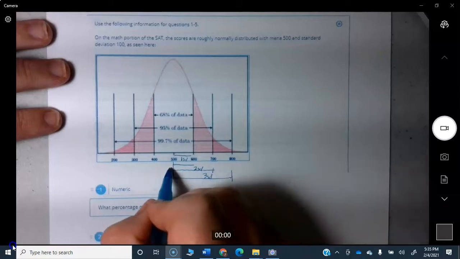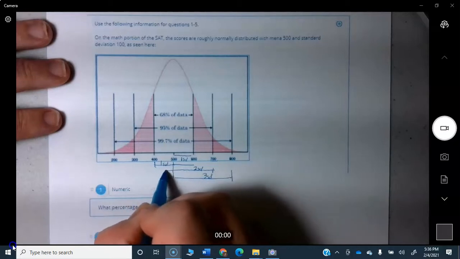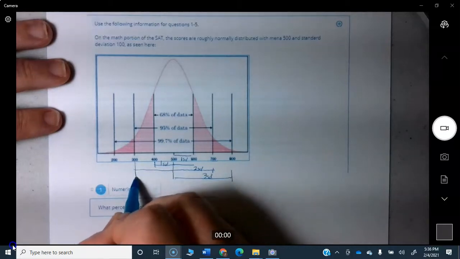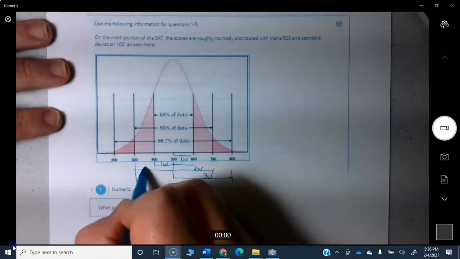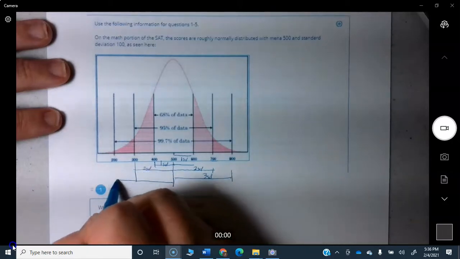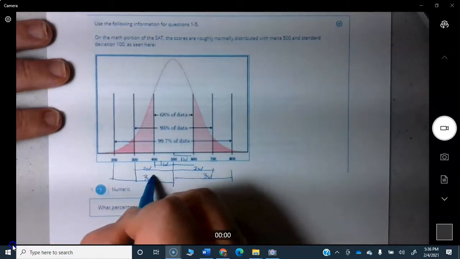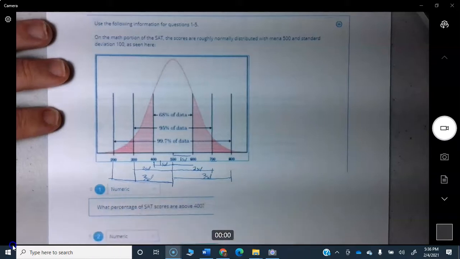And then that's true going back in the other direction. So that's one standard deviation. That's two standard deviations. And finally, this one all the way out here is three standard deviations.